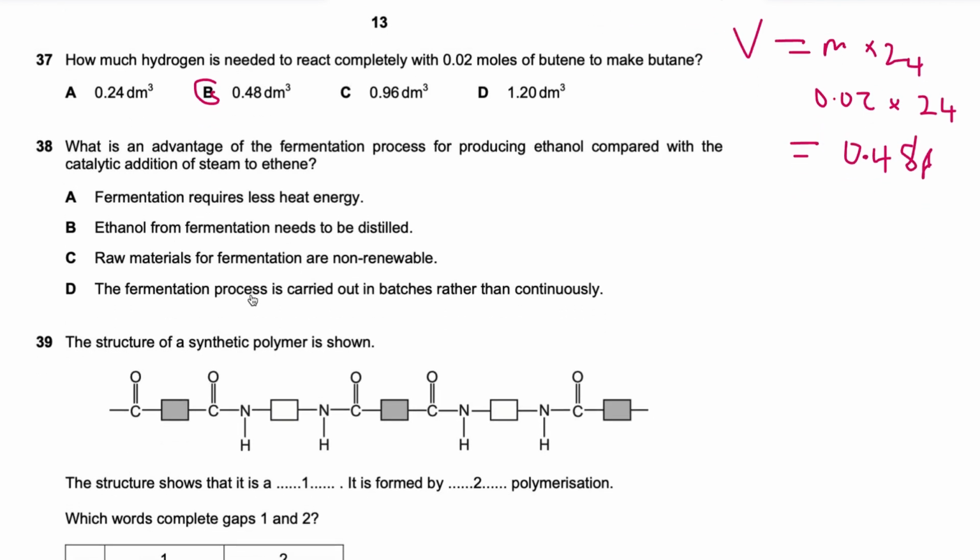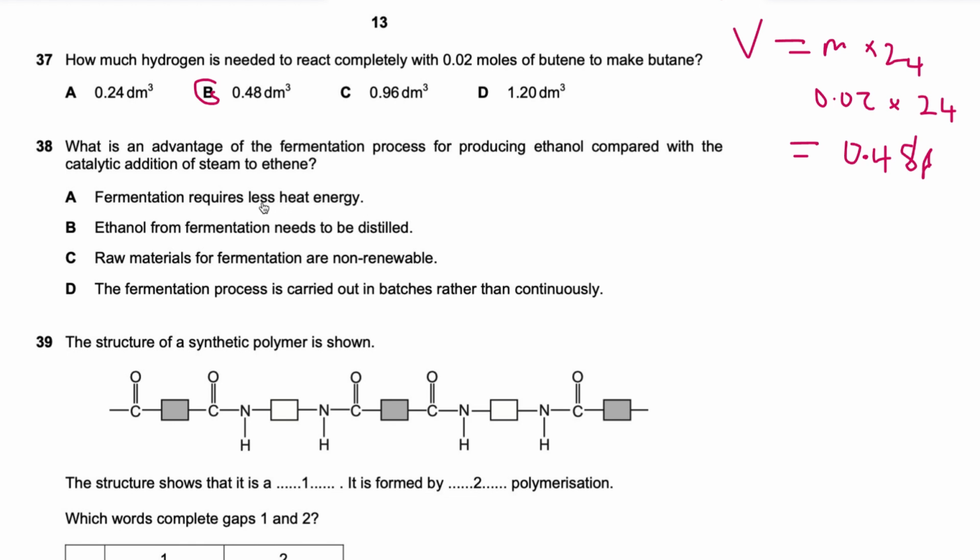Question 38 says, what is an advantage of the fermentation process for producing ethanol compared with the catalytic addition of steam to ethene? Fermentation requires less heat energy.